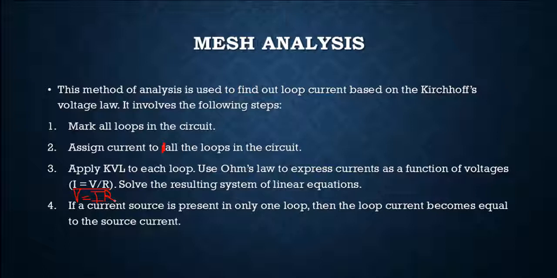And if the polarities are already marked, then we cannot change them in the circuit, right? So we need to apply KVL in the loop and convert the values of voltages into the product of current and resistance using Ohm's law, and then we need to solve the resulting system of linear equations, right? So let's move on towards the examples part.